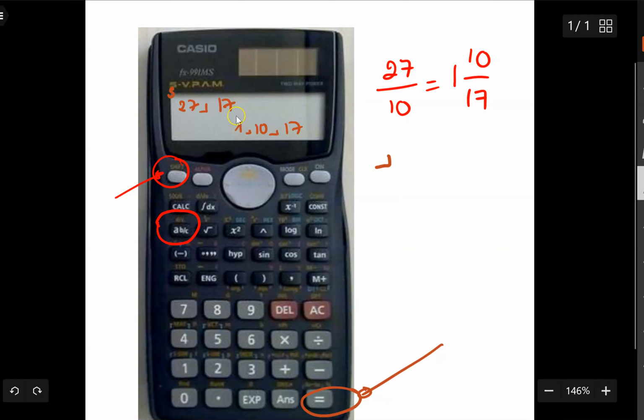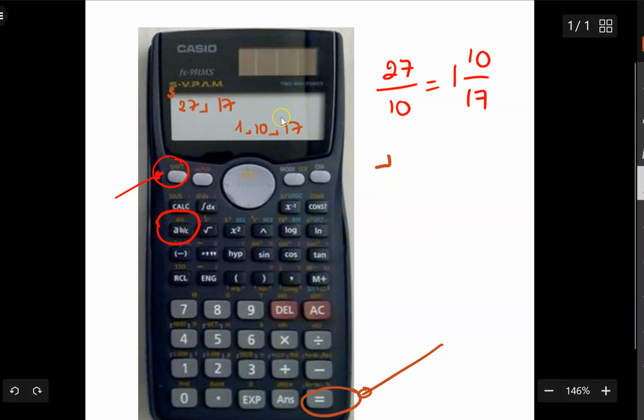If you want to switch back to your improper fraction, all you have to do is press the equal sign, or you can press shift and then press the same key again, and you get back to 27 over 17. Just keep pressing these two keys and you see that it toggles between the two forms.